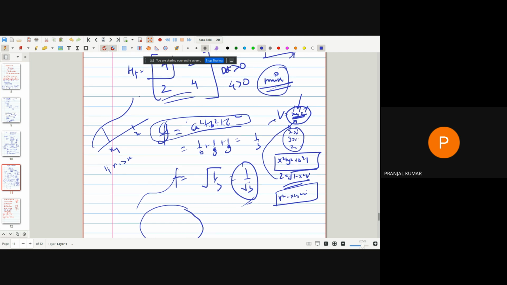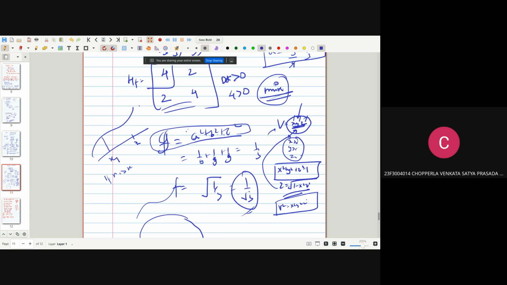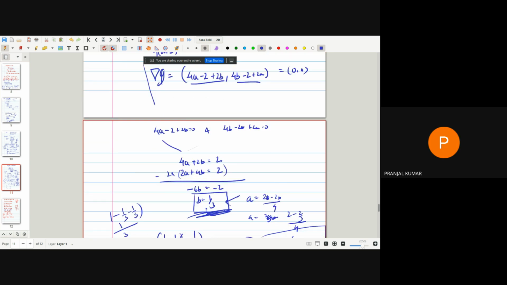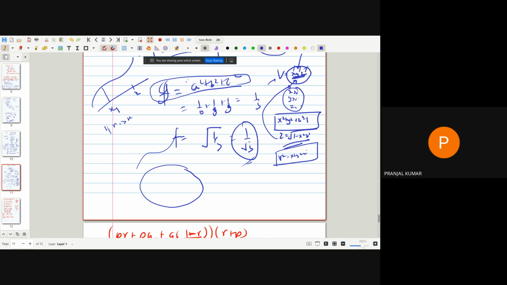I hope you are getting this. When we are talking about volume XYZ, see, a constraint will just restrict the domain. It will have no effect on the nature of the function, right? So if it was a minimum, after squaring it will also be a minimum.